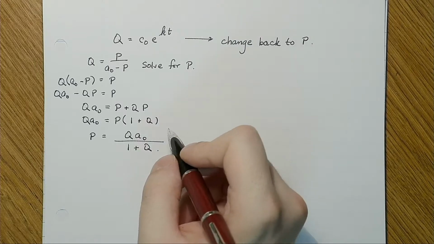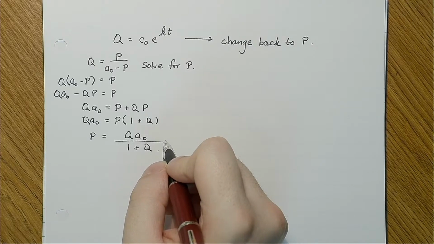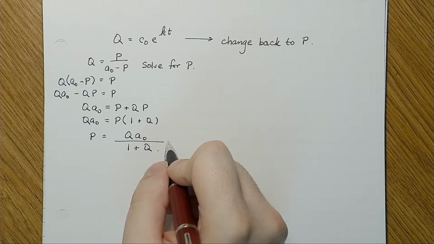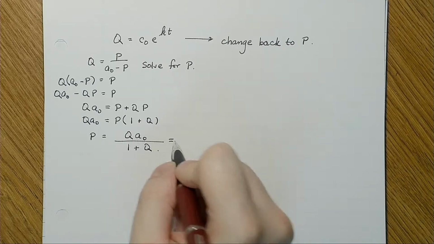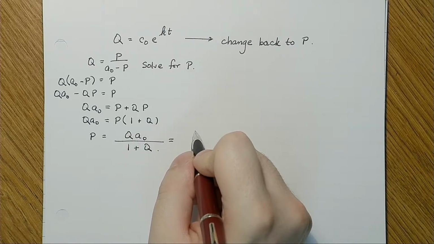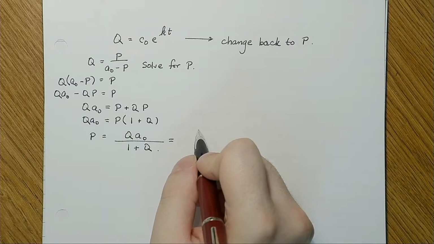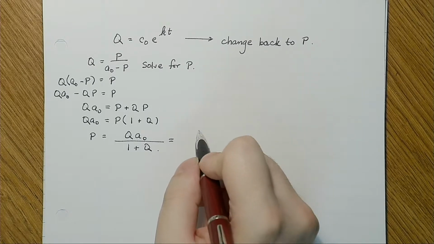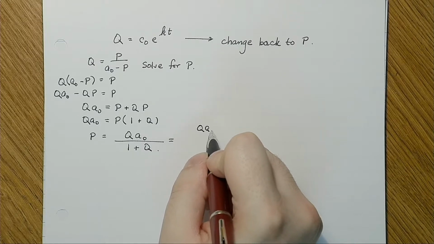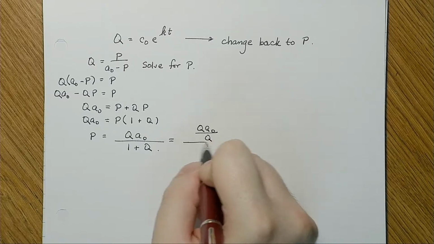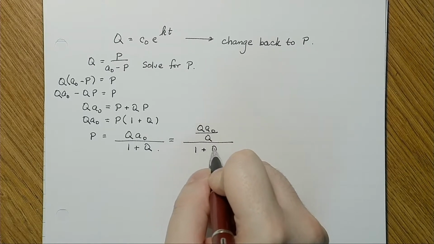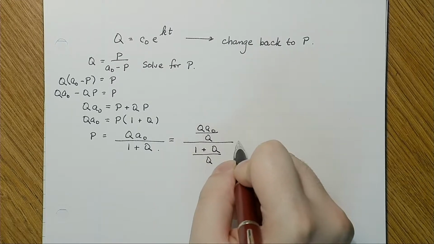And what I can keep doing is simplify it just a little bit more. So I'm going to divide everything top and bottom by q. So I'm going to do q a naught over q, and 1 plus q over q.